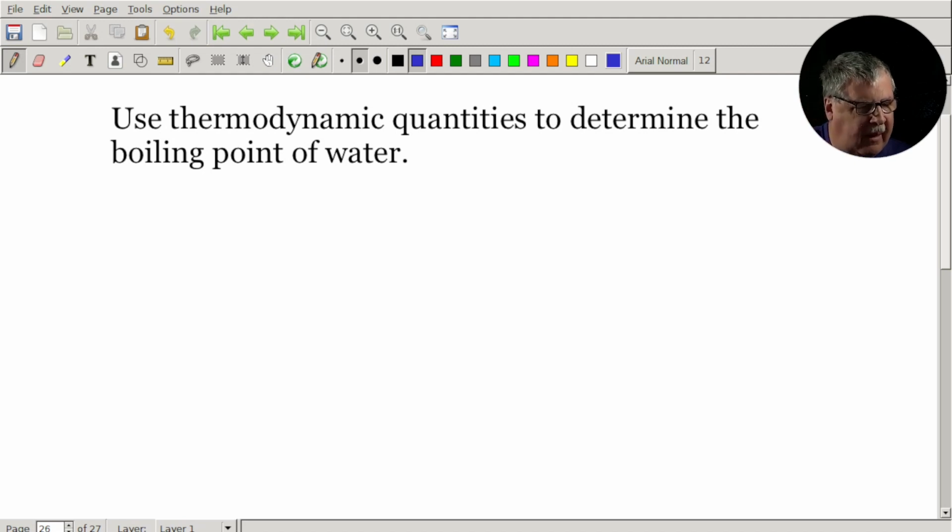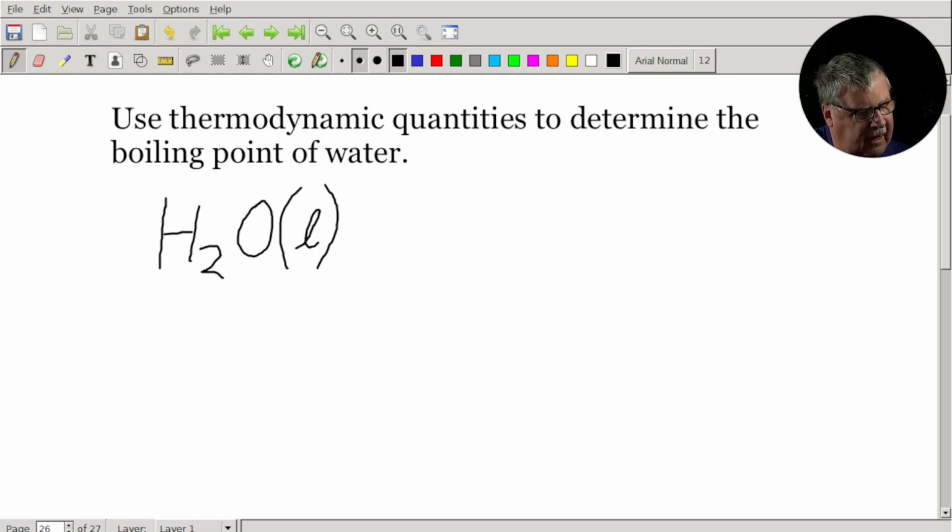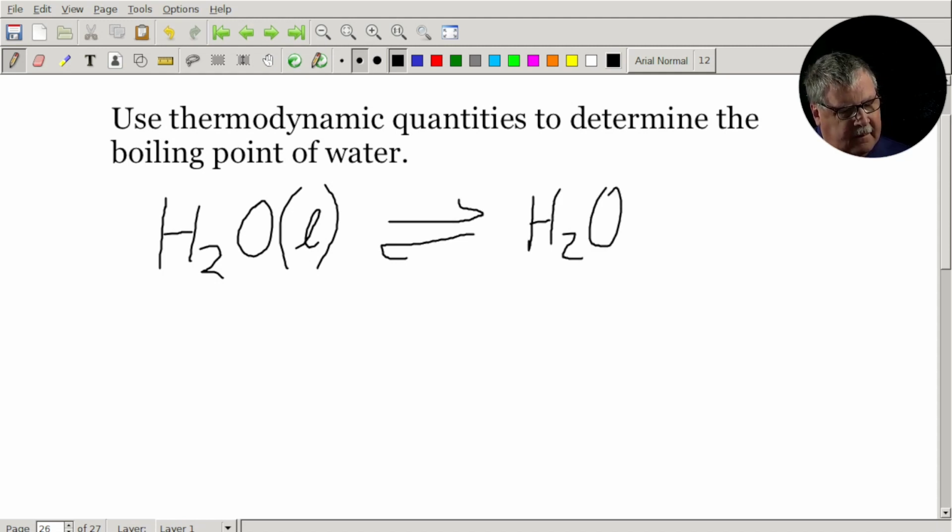If I'm looking at a boiling point, essentially what I'm doing is looking at a reaction where I'm taking a substance in the liquid phase, or the liquid state, and I'm changing it to a gas. Now here's what we can think about.